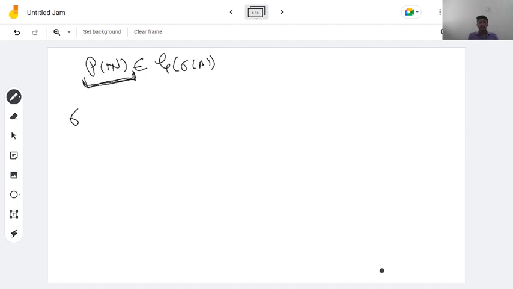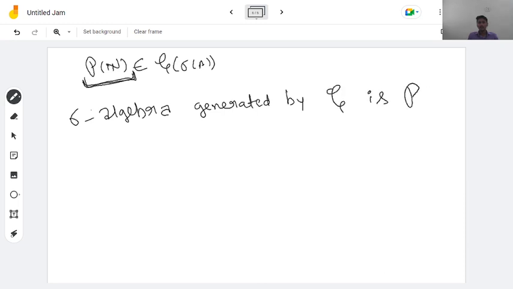Therefore the sigma algebra generated by C is the power set of N.